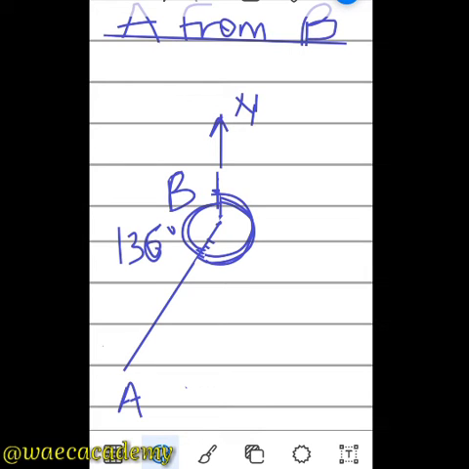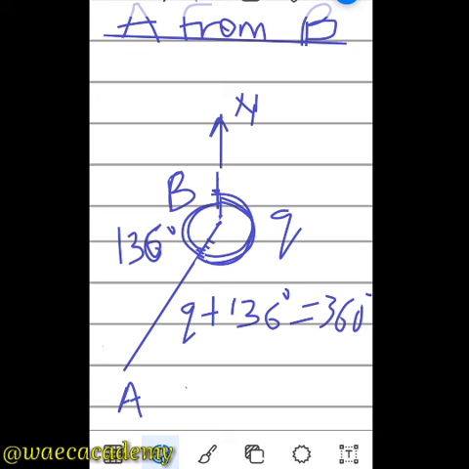So let's try to find this. We can call this Q. So let's call this Q, that is the angle between north and A in a clockwise direction. So how do we get the answer? All we need to do is to sum the two angles together and equate them to 360 degrees, because the sum of angles at a point is 360 degrees. So we have Q plus 136 degrees is going to be equal to 360 degrees.